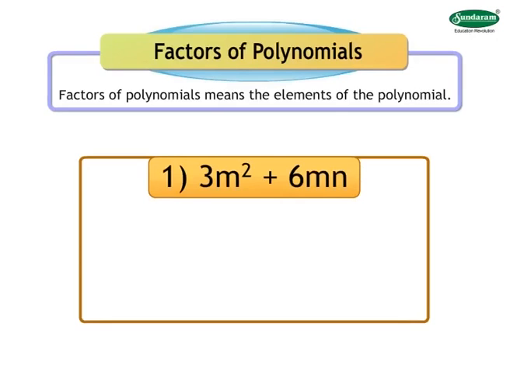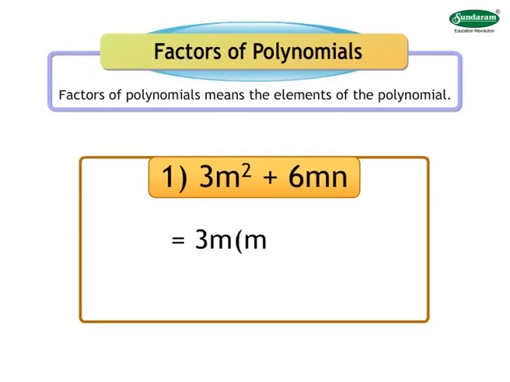So in the above expression, after taking 3m as common, we will open the bracket and write that variable which when multiplied by 3m gives us the first term 3m square, and that variable is m, because 3m into m is equal to 3m square.